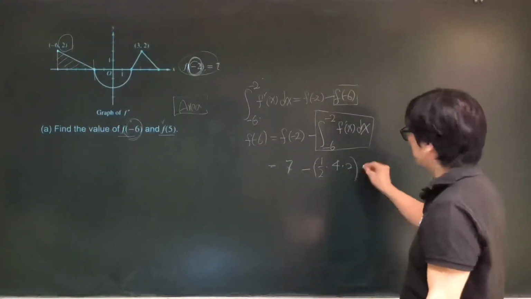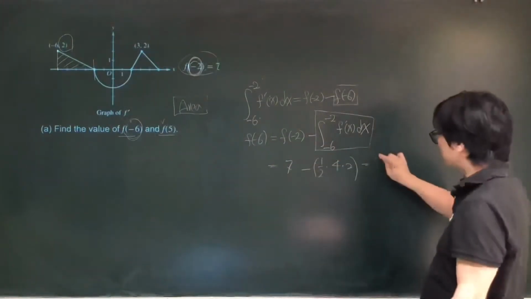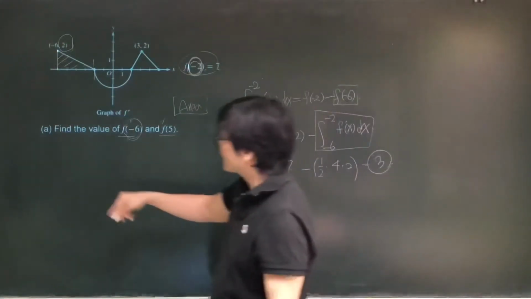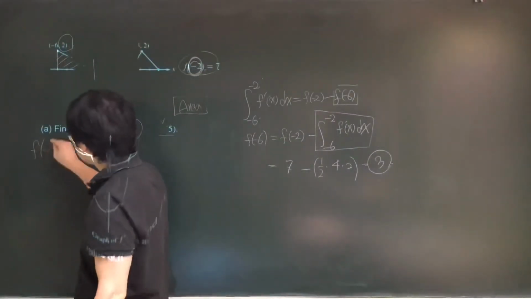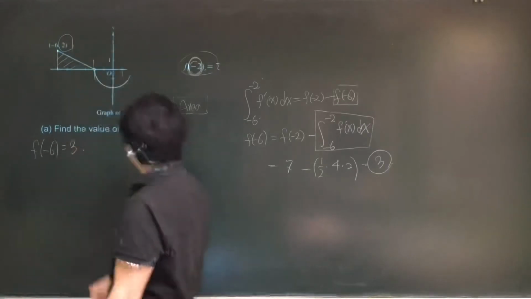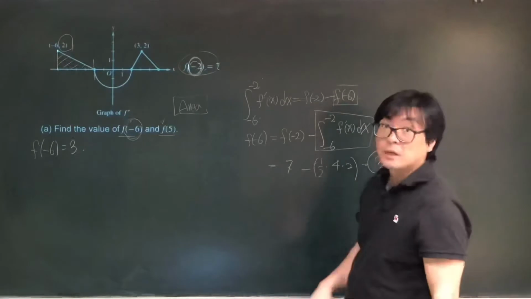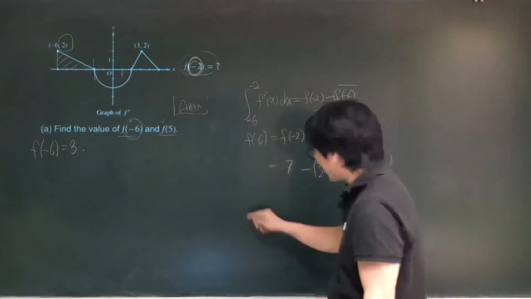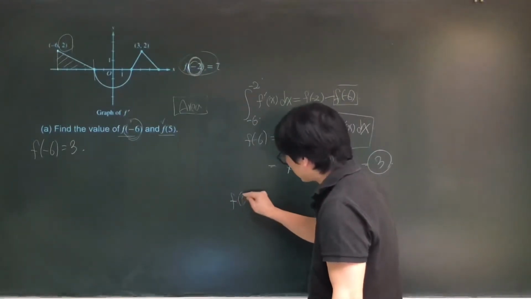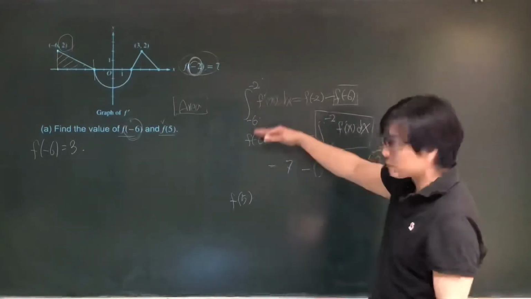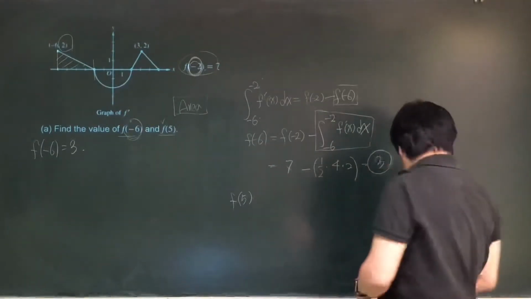So 7 minus 4, which is 3. So we find that f of negative 6 is 3. Okay. Let's continue to find f of 5. To find f of 5, similar things, we can build the equation.